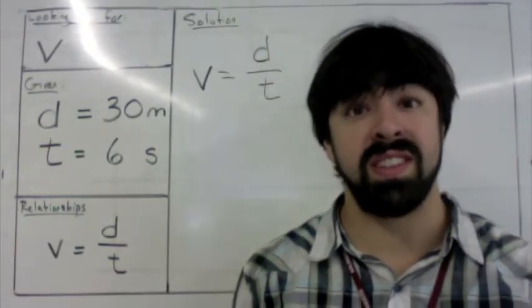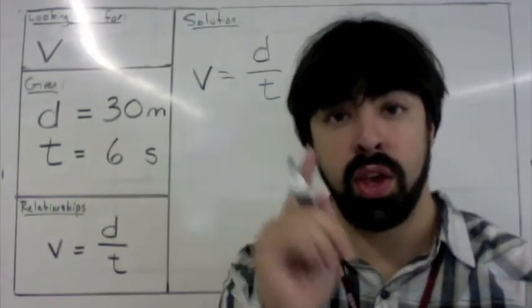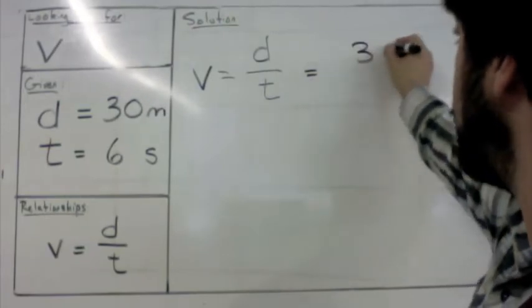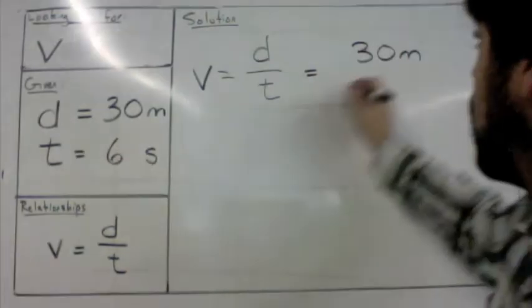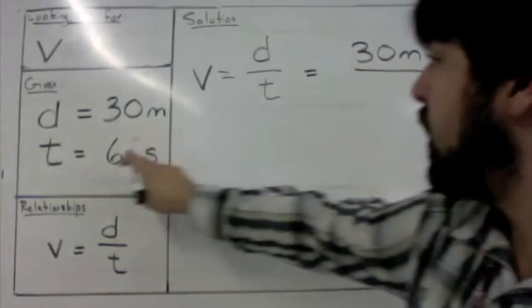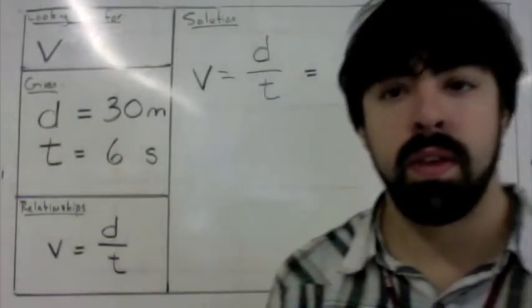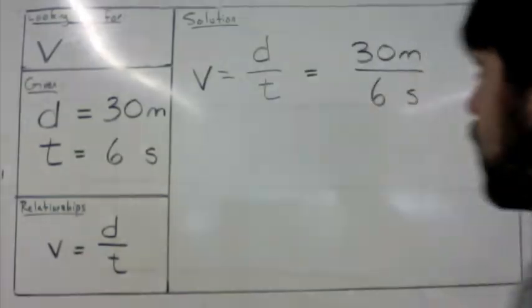Speed equals distance over time. Now plug in with units. Equals 30 meters, because that's our distance, divided by 6 seconds. That's our time.